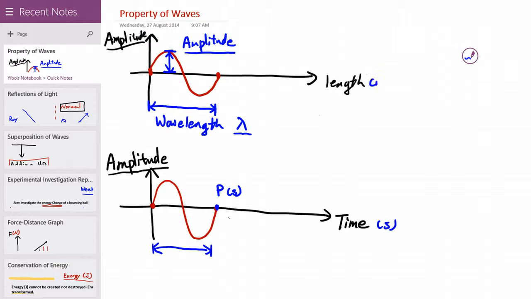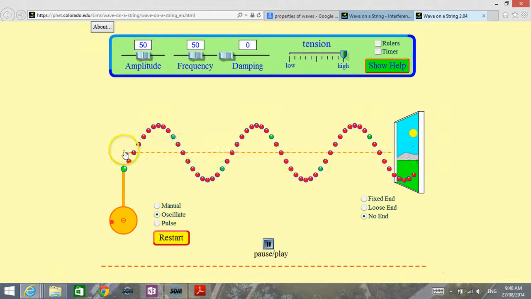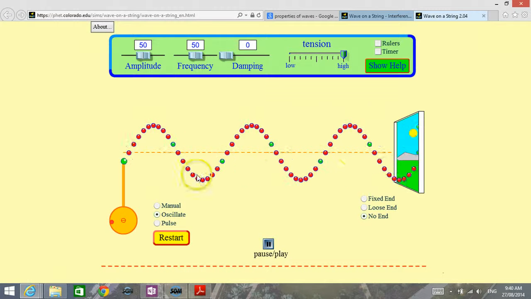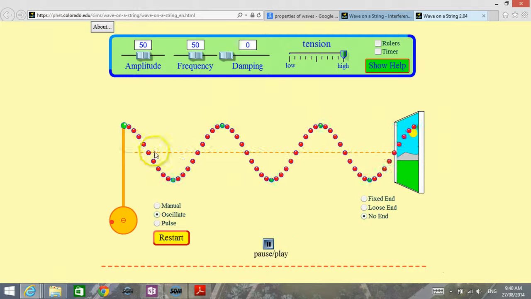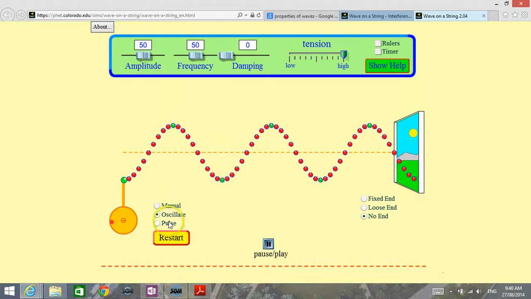So here, this point is basically the period measured in seconds. So if we look at this wave again, we can either sketch the shape of the wave over the horizontal length, or we can look at any particular point.